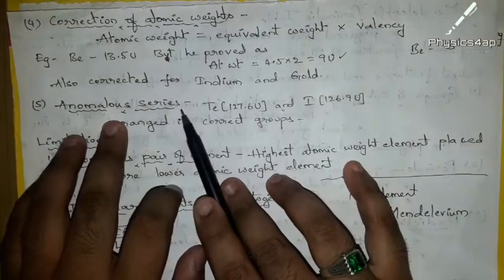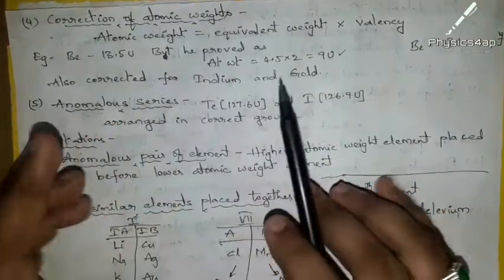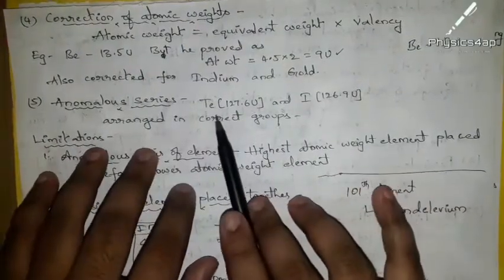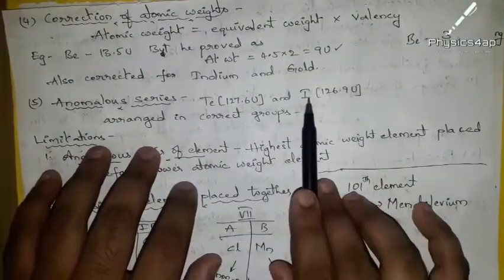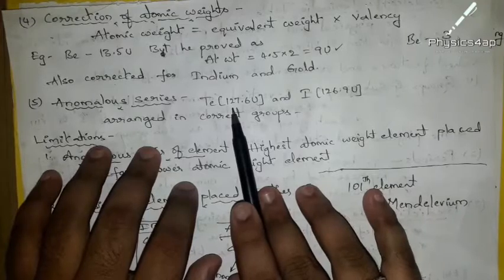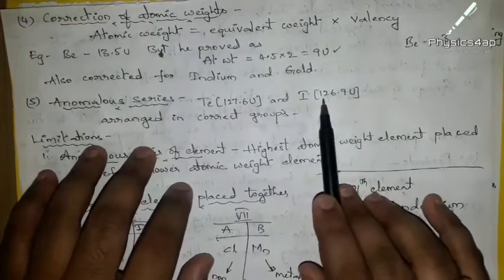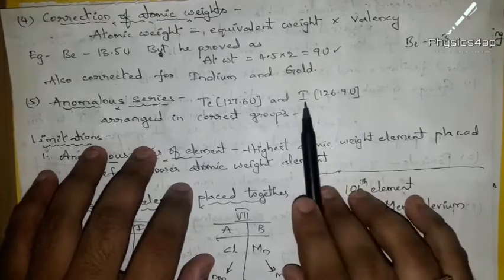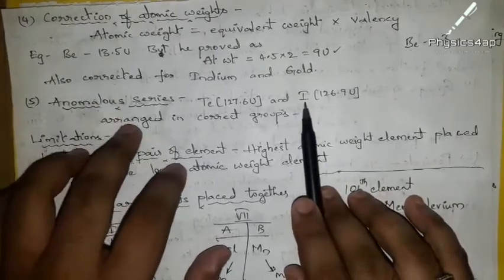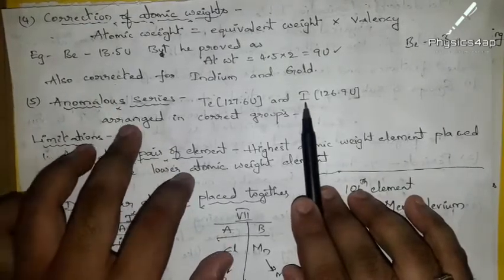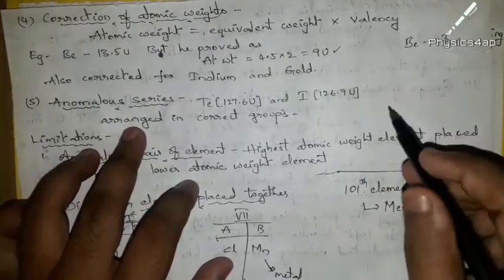Anomalous series means there is no explanation. Like if we see here tellurium and iodine. Tellurium's atomic weight is 127.6 u and iodine's is 126.9. As this Mendeleev periodic table is based upon atomic weight, it should be arranged in increasing order, right?